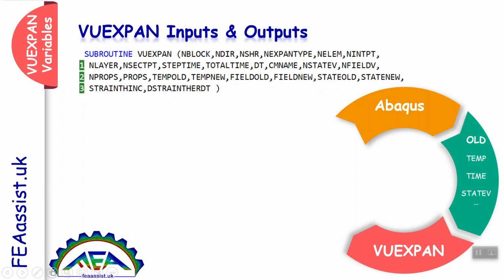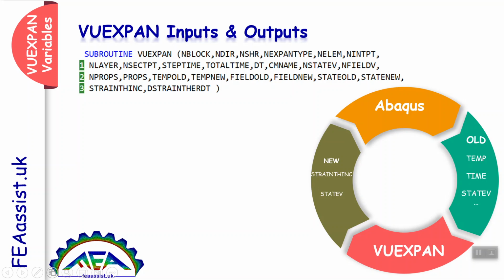In VU expand subroutine, we need to process on these variables and compute new variables like strain increment, the thermal strain increment, state variables, and all the outputs, and return back these outputs in the Abaqus.